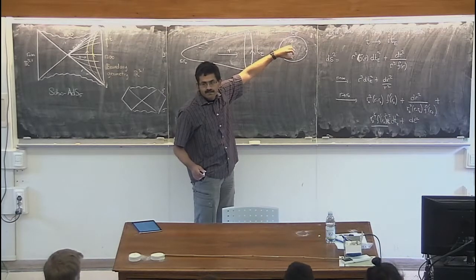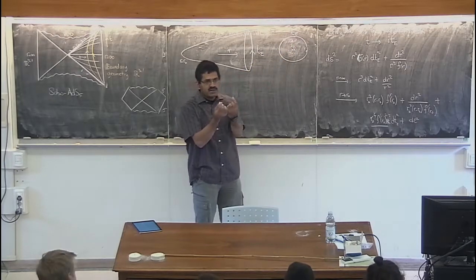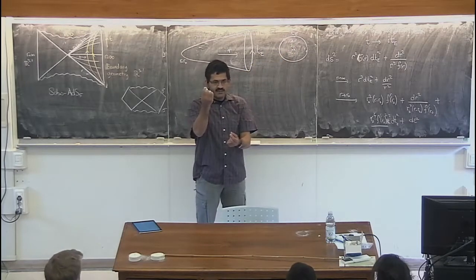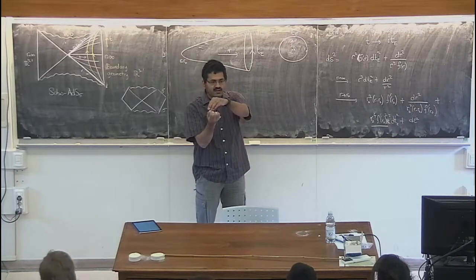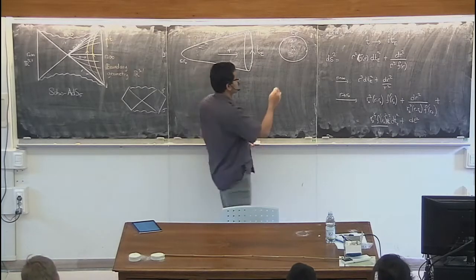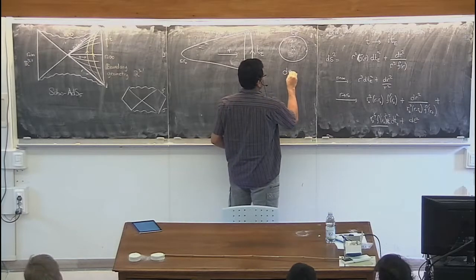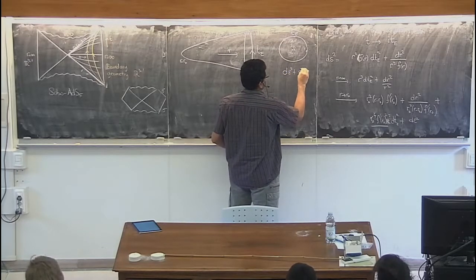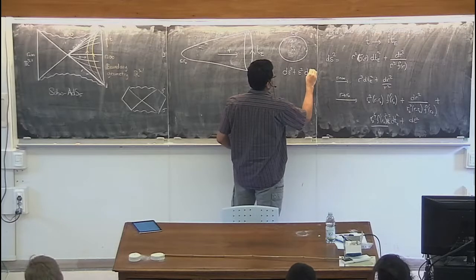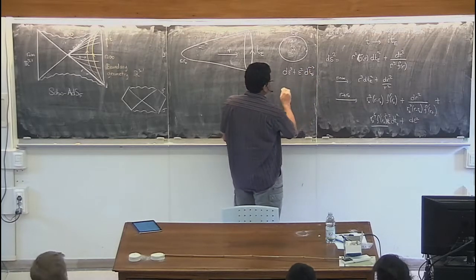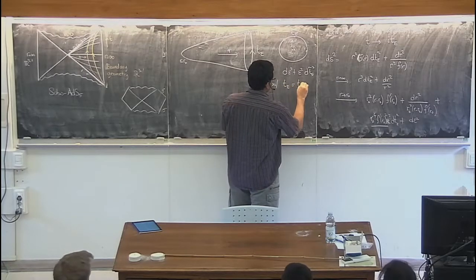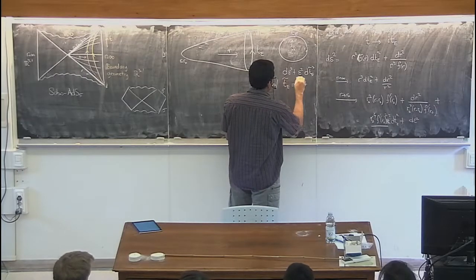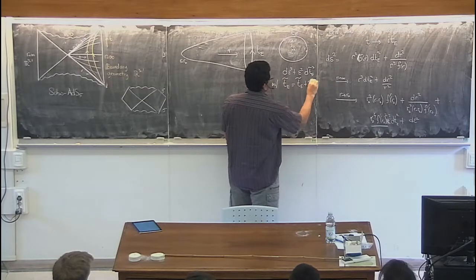So if I look at a point in a disk in flat space and write the metric in polar coordinates, then I would have d epsilon squared plus epsilon squared times d t tilde_E squared, with t tilde_E equals t tilde_E plus 2 pi.